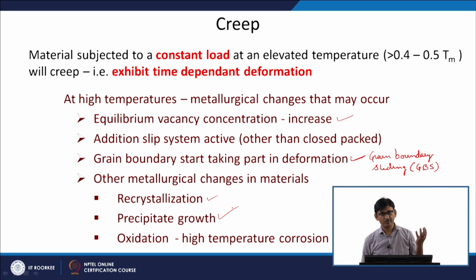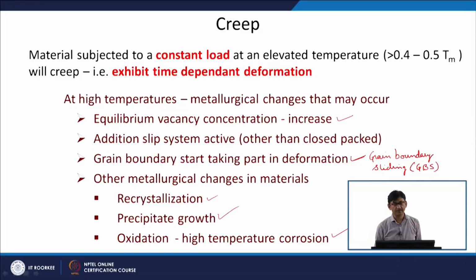Whatever you have planned, that this should be the size of the precipitate, this should be the inter particle spacing, but at high temperature it will try to have a larger particle with a smaller surface area. Because diffusion is easy, a small particle will shrink and the big particle will grow, and slowly you will have precipitate growth.